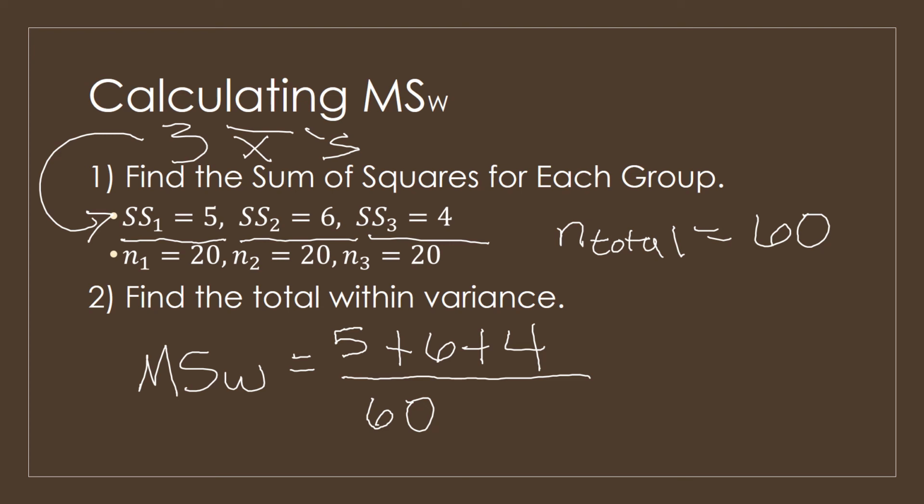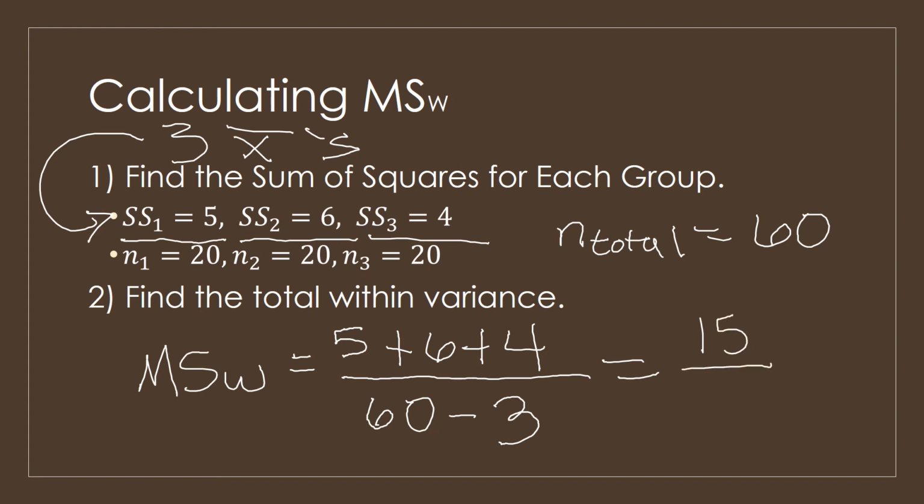variance on. And remember, sample variance tends to be underestimated, so we have to subtract off for each sample mean that we have to make this overall variance a little bit smaller. So we're going to have 5 plus 6 plus 4. That's going to be 15.